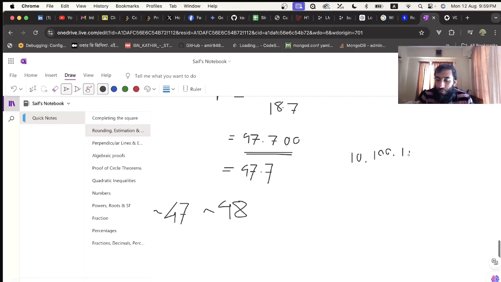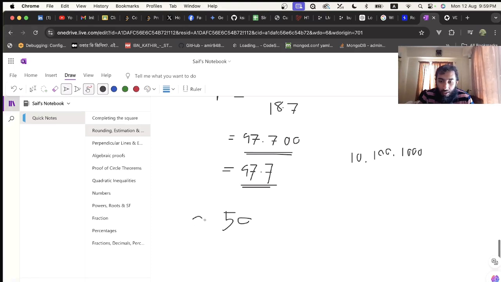Even though the answer is very close to 47 and 48, it's best to estimate the number as 50. So the estimation should be that it will take approximately 50 days to use all the oil in the tank.